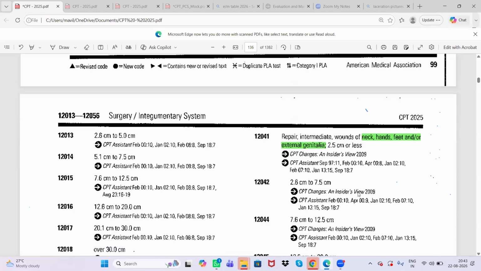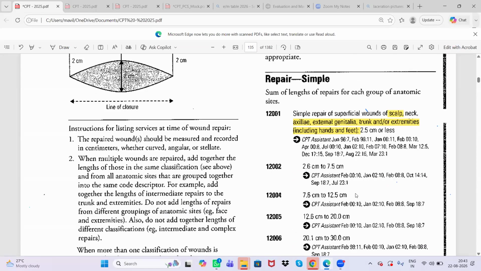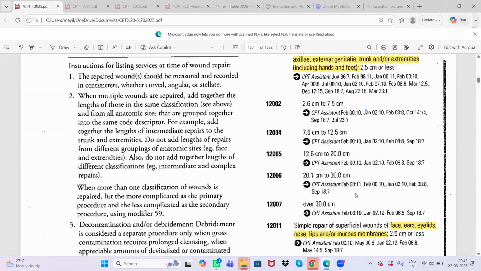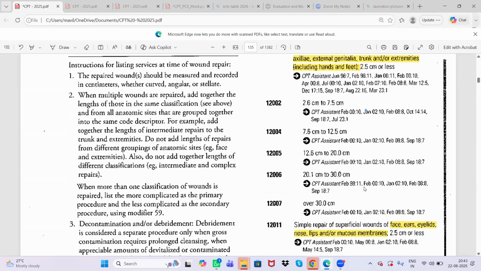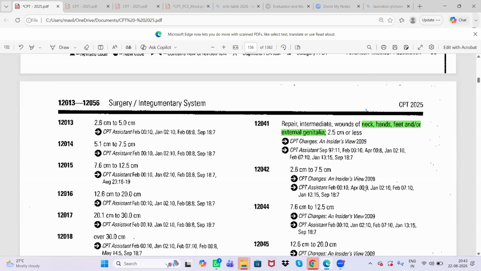I forgot to ask: you said the 51 modifier is applicable, right? So to which CPT are you going to append the 51 modifier? The one with the lowest revenue value. So here 12014 you have to code first.